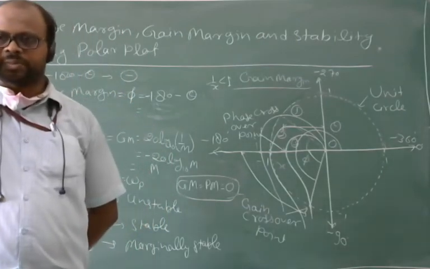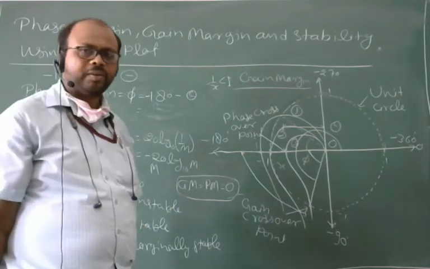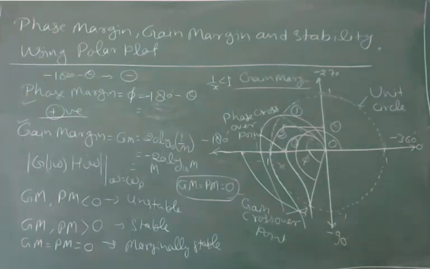Otherwise, the system is unstable, right? So this is all about phase margin, gain margin, and stability using polar plot. Let us do some examples related to gain margin, phase margin, stability using polar plot.